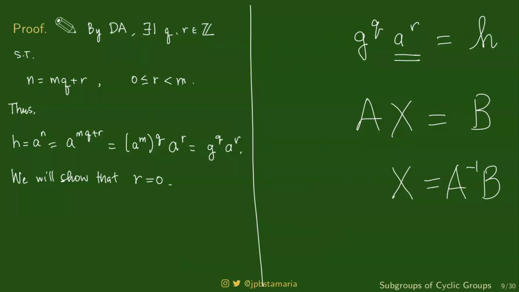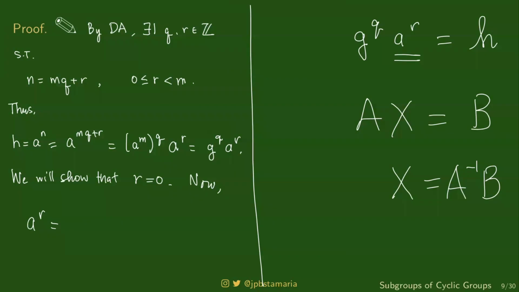Okay. So how do you express a to the r in terms of h and g to the q? It's basically the inverse of, I'm sorry, which is better? No, it should be the inverse of g to the q that I multiply. Whichever. What's correct? What I'm solving for is a to the r.